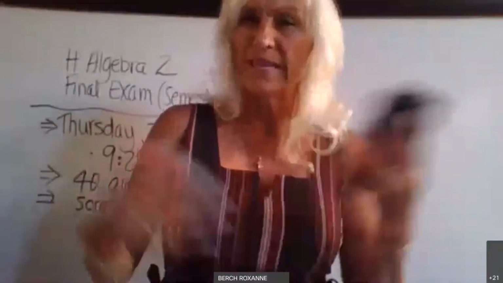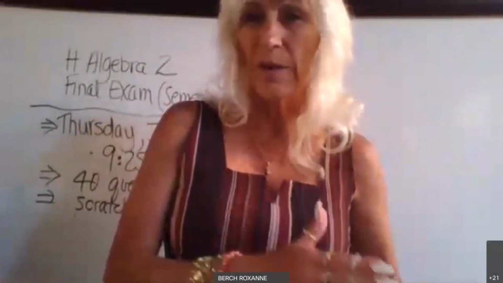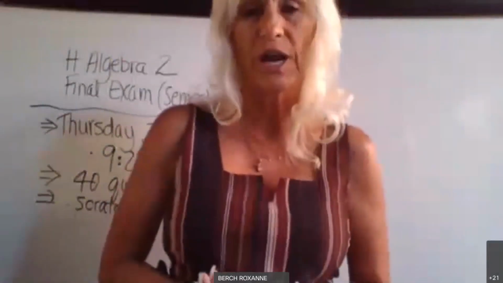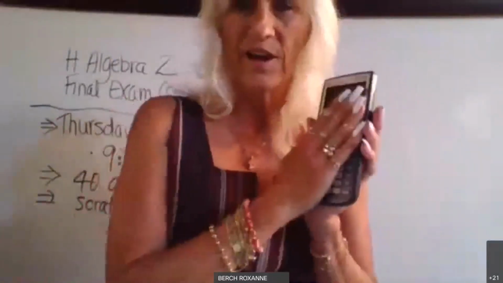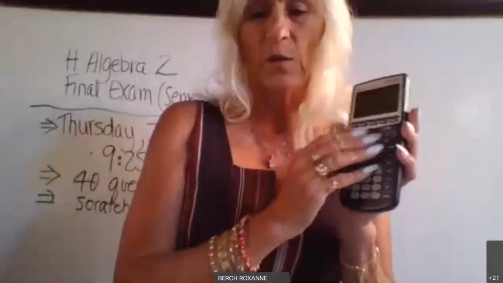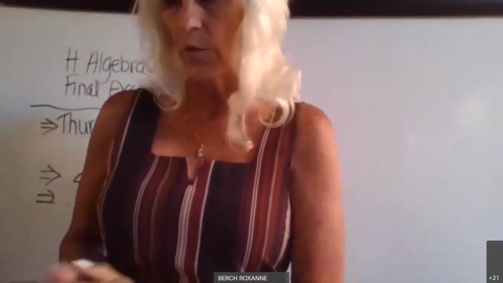This is the most missed thing on this exam when I give it: students will be in degree mode and they meant to be in radians, or vice versa. So you have to make sure that if you're using a calculator, you're in the correct mode. All right, so make a note of that. I'm also going to write it in the notes here.